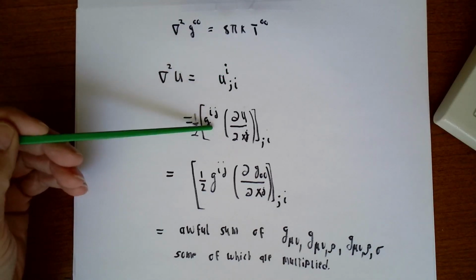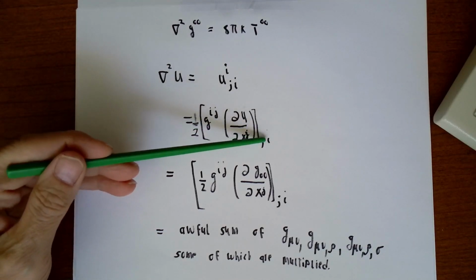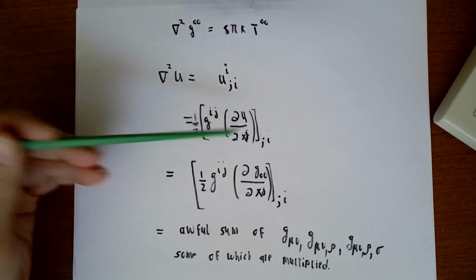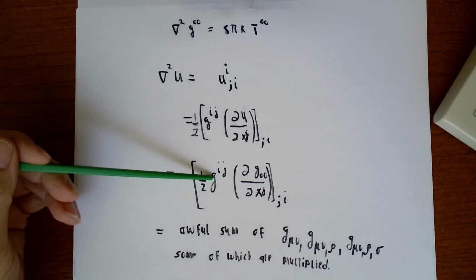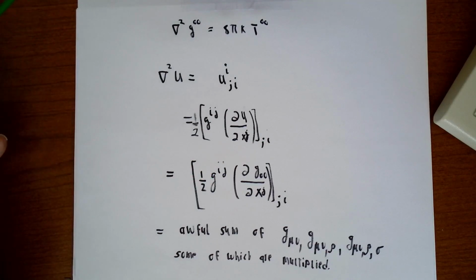We had to do a tensor raising or lowering operation. After that, we have to take the covariant derivative of that. These GIJs with the indexes upstairs are just complicated algebraic rearrangements of the G mu nu indexes downstairs.